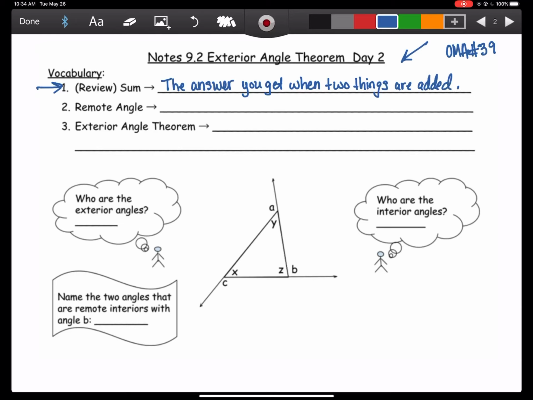In other words, if we add up two things, the number you get, that's called the sum. Okay, let's move on to remote angle.